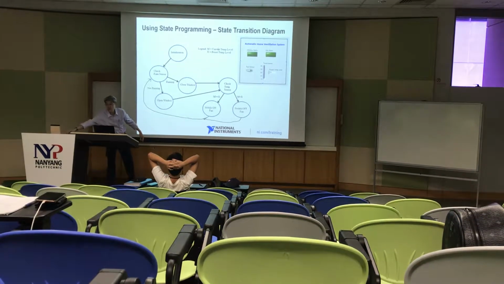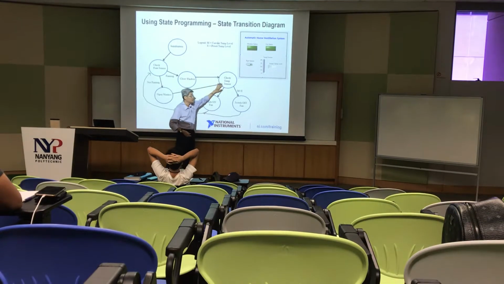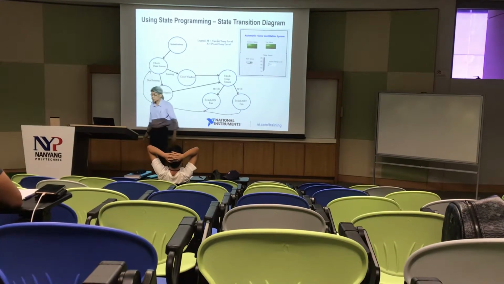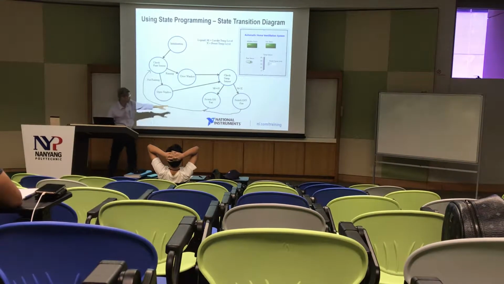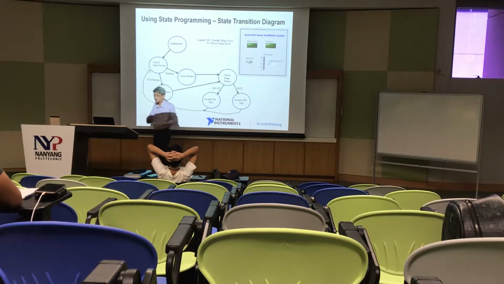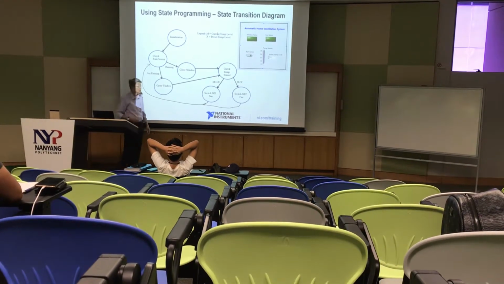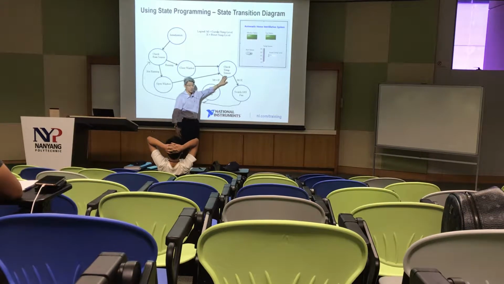You can see whether you close window or open window, you will still come to this next state, check temperature sensor. And this particular state is to check the temperature inside the house, not outside. The rain sensor is mounted outside to check whether got rain or not. Okay? This one is to check inside the house.